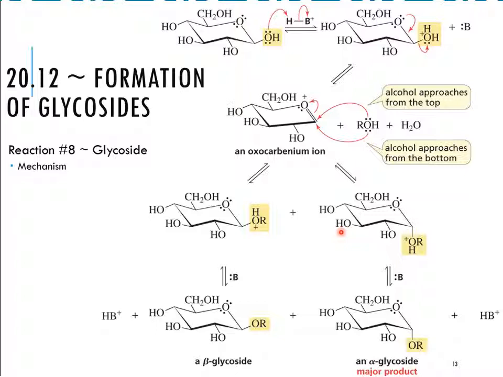We can do either version, and again, we do that attack, that carbonyl opens up, and then we do a little proton transfer to get the hydrogen off of that OR group. And so attaching that ether group is what creates a glycoside.